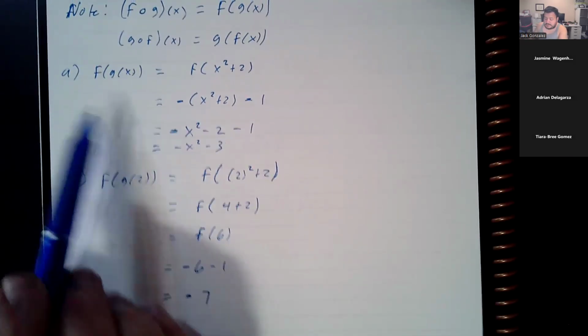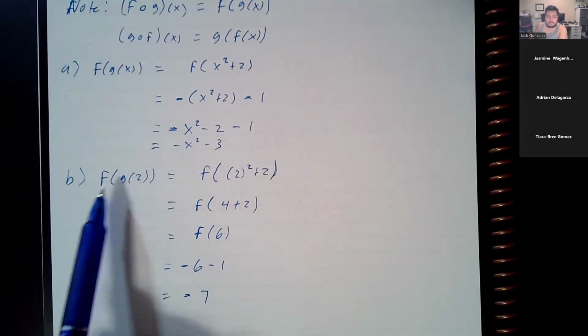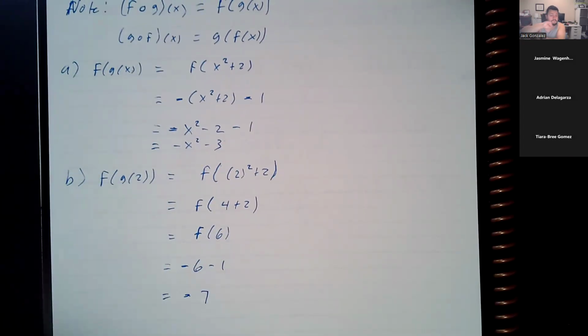Does this notation make sense? That okay? Okay, so you're cool on number 9 then.